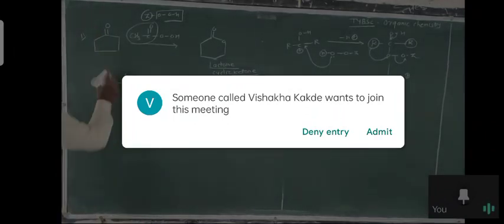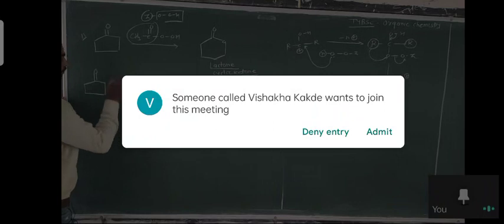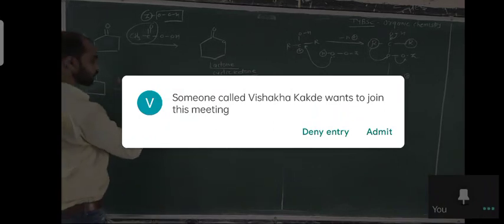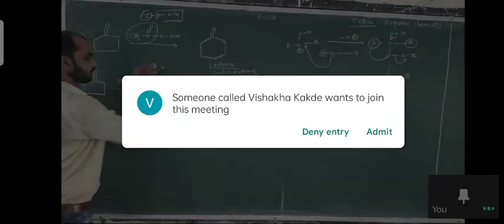How does this reaction happen? So we perform this reaction stepwise. What is the first step? First step is a protonation. So first of all we converted this into this form.